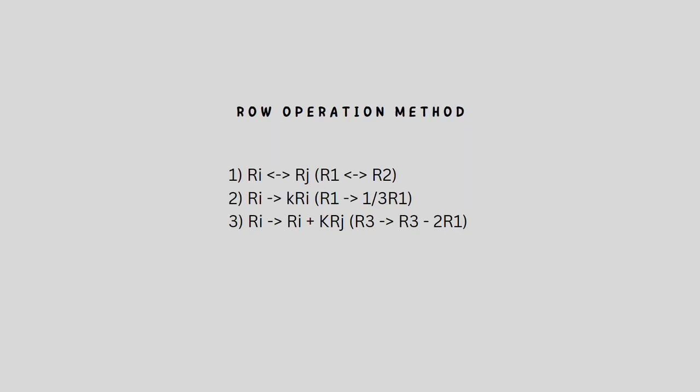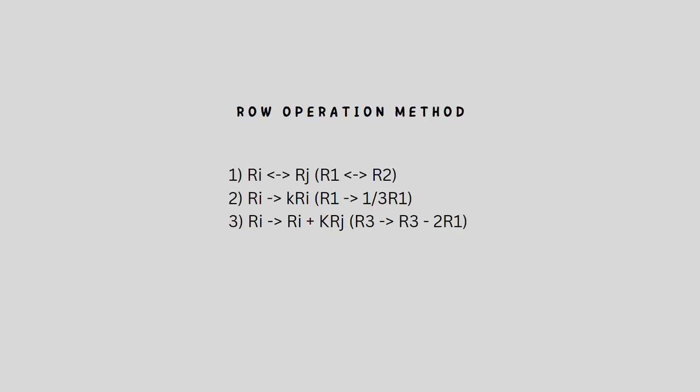Next is the row operation method. This is the basic thing we have to know. There are 3 operations we can use. First is interchange. We swap row 1 with row 2 or swap row 3 with row 2. Second is scalar. For example, if we want to change a 3 to become 1, we have to multiply by the scalar 1 over 3.